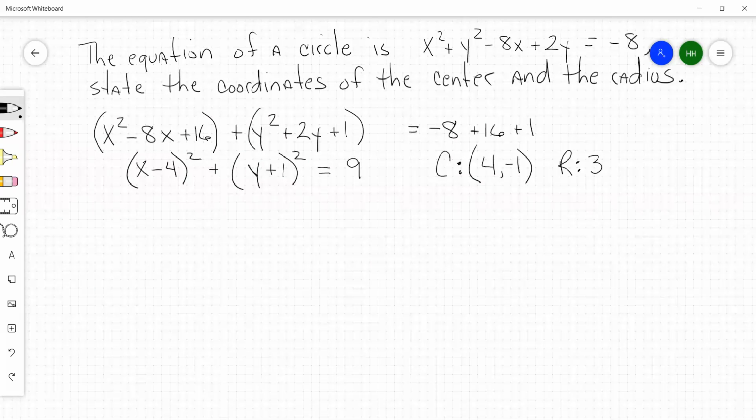Same set of directions. But now here's the given equation. Let's go x squared plus y squared minus 4 equals 0. In this case, you can just add 4 to each side.